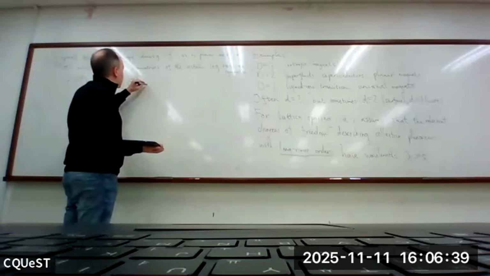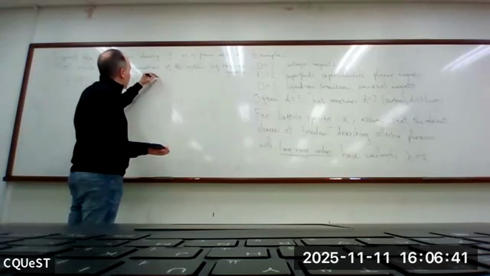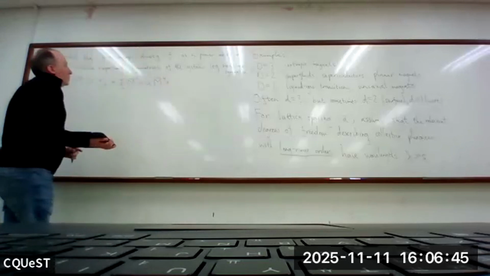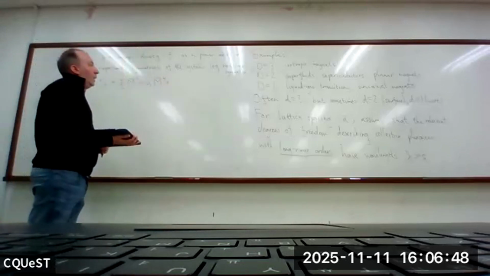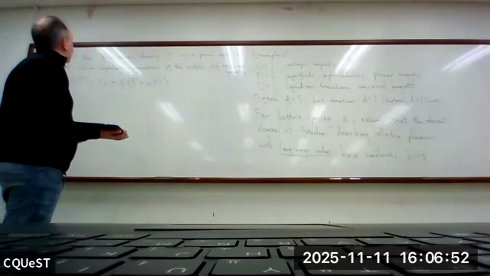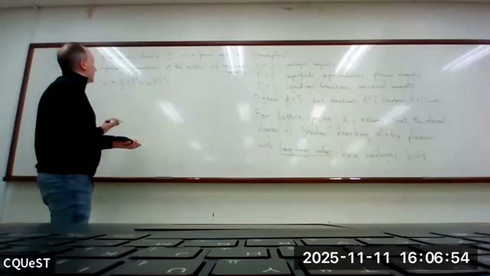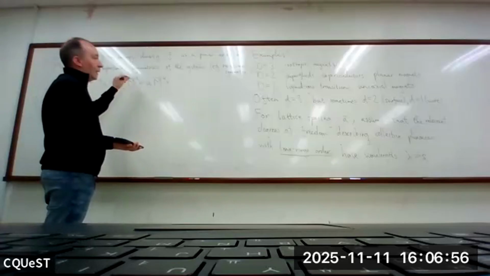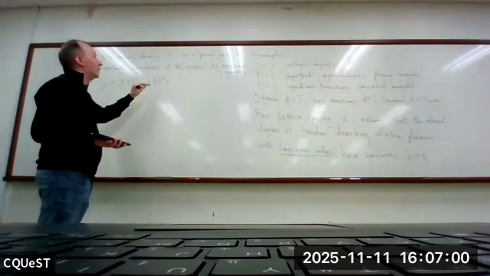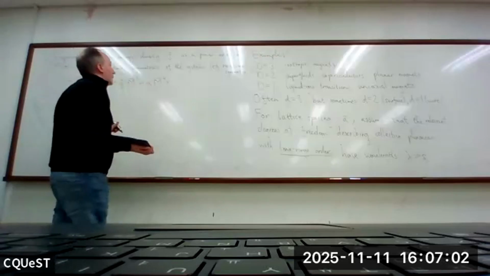And then the next contribution is quartic, so that would be m to the 4, and so on. Inner product scalar? Yes, this is m dot m.